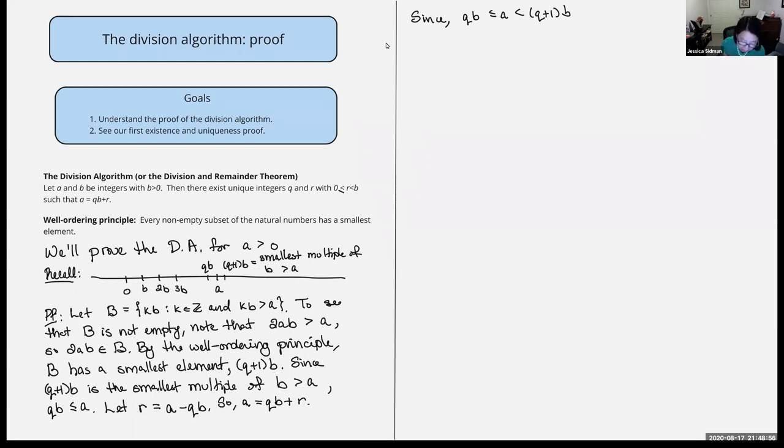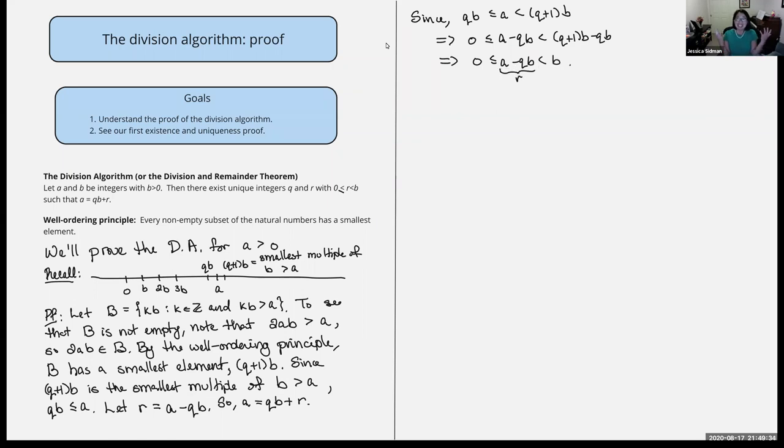So let's subtract off the QB from this. So this implies that 0 is less than or equal to A minus QB, which is less than (Q plus 1)B minus QB, i.e. 0 is less than or equal to A minus QB, and the QB's cancel here, and I just left in B, right? But this was equal to R.